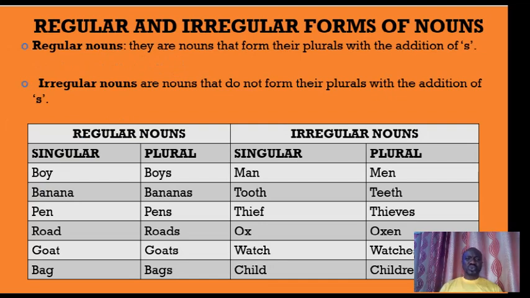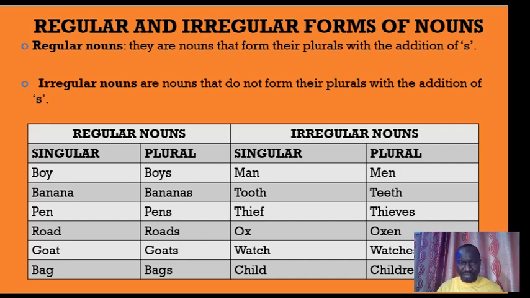Now let us go to regular and irregular forms of nouns. Regular nouns are nouns that form their plural with the addition of s. Irregular nouns are nouns that do not form their plurals with the addition of s. So when we have a regular noun and you want to send it into plural, you only need to add s to it.